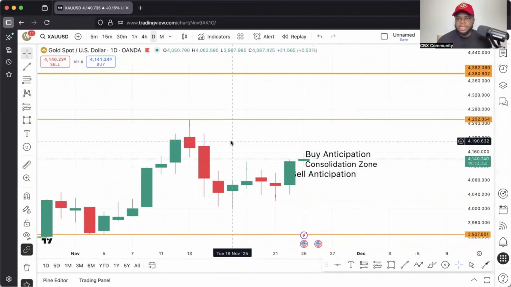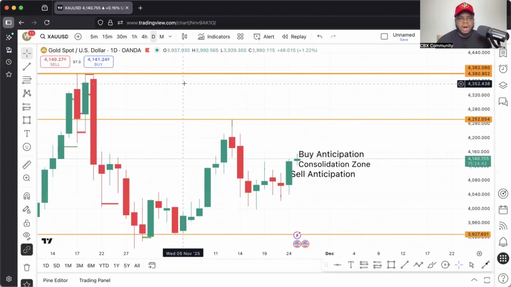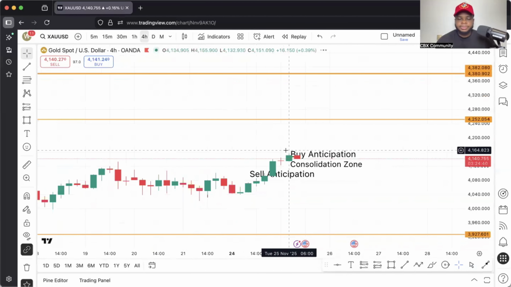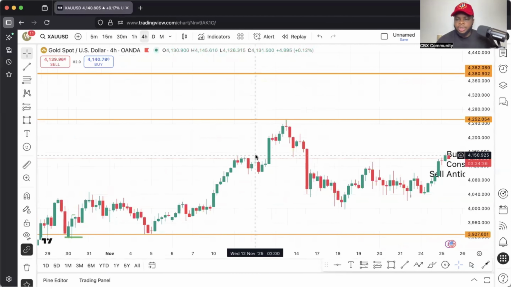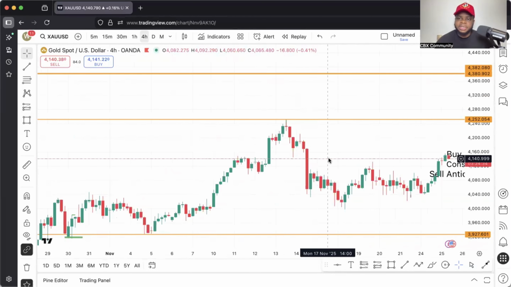So let's look at the H4, which means the 4 hours. Like I told you guys, I love to identify my resistance zone and my support zone using the H1 and 30 minutes.